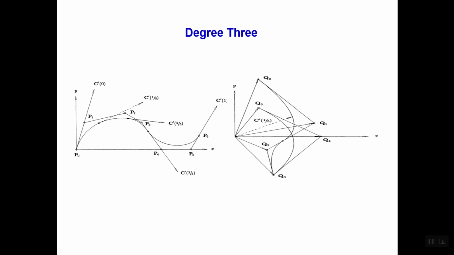For example, Q0 will lie between P1 and P0, Q1 will lie around this area, and Q2 will lie at 9/2 between P3 and P2. This is the polygon we get from all six values of Q.